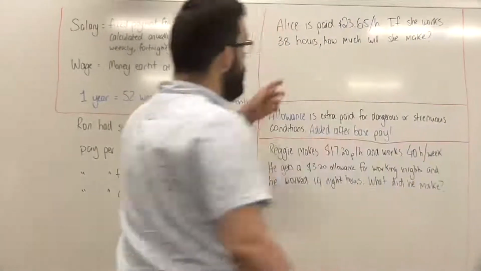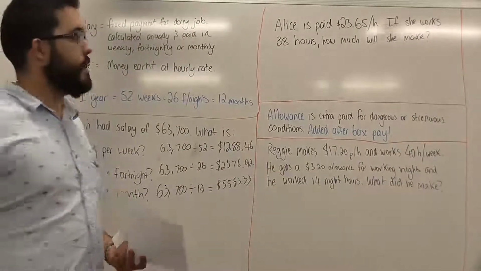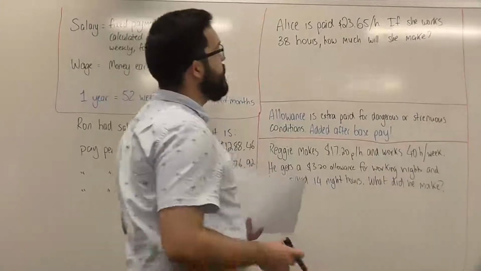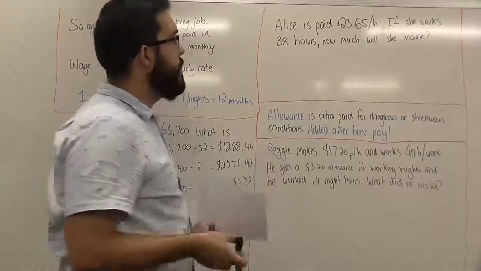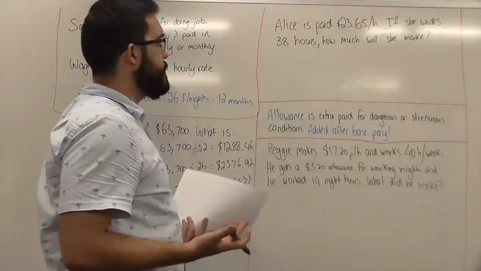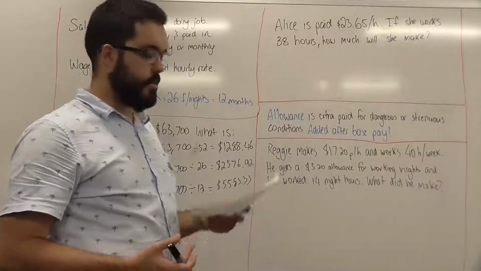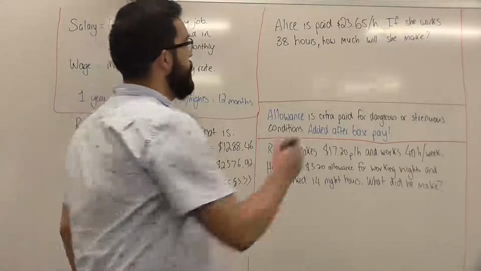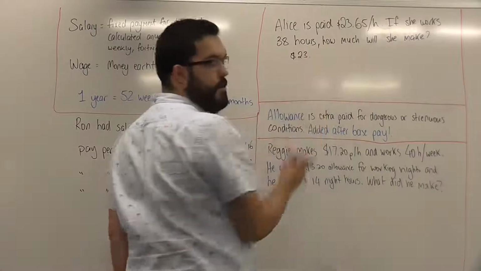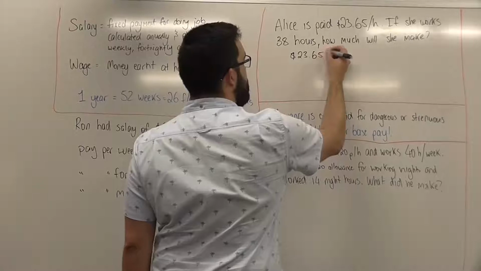Now, look over here, we've got another question. This one's related to wages because I'm getting paid per hour for something here. So per hour. Alice is paid $23.65 per hour. If she works 38 hours, how much will she make? So this is a pretty standard hourly wage question. All we need to do is get her hourly wage, wages per hour, salaries annually, $23.65.